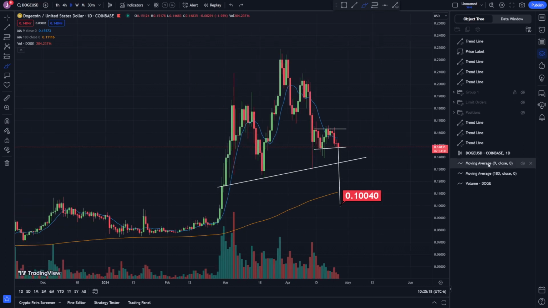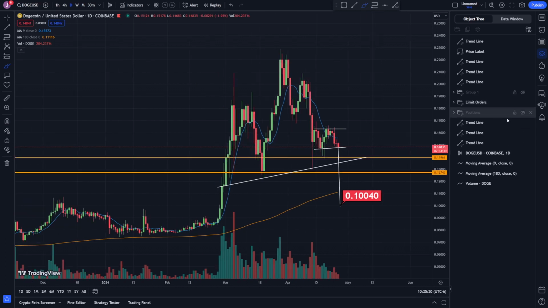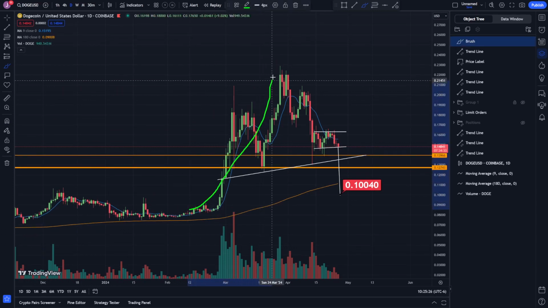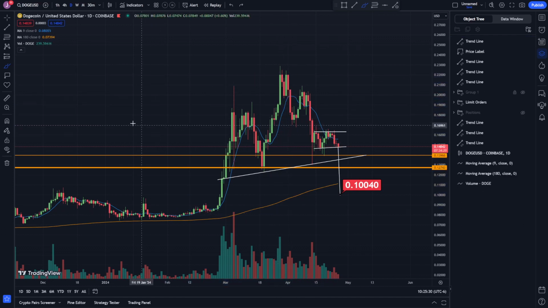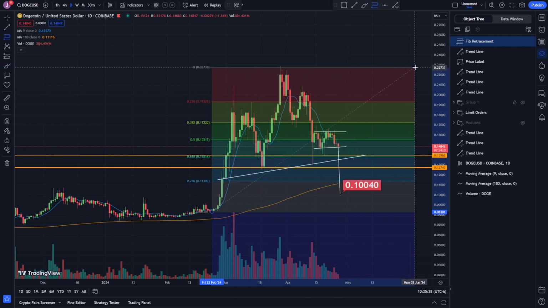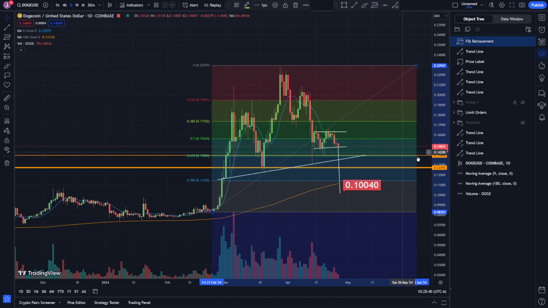The other thing I was looking at is I had my limit orders set right here, and the way I got to this scenario is we had this run up like this. We started getting resistance and we started going down. In that situation, I like to get the Fibonacci retracement tool and drag from the bottom of the trend to the top of the trend, and that gives me Fibonacci levels to watch.